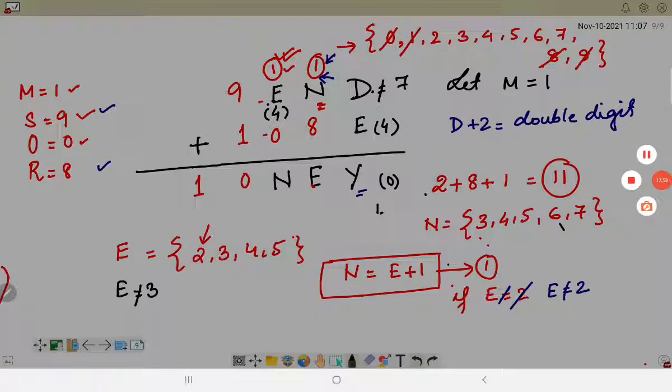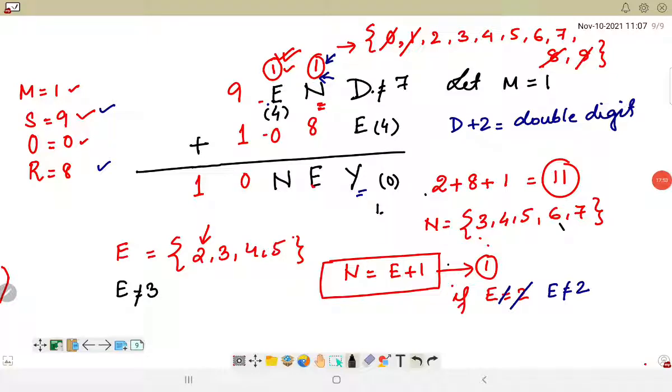We will not focus much on that now. First of all, let us write it down: E is equal to 4, so 4 goes here, 4 goes there.